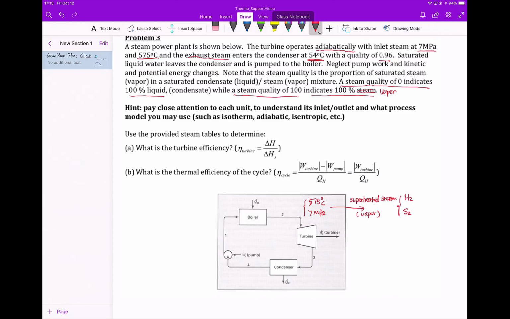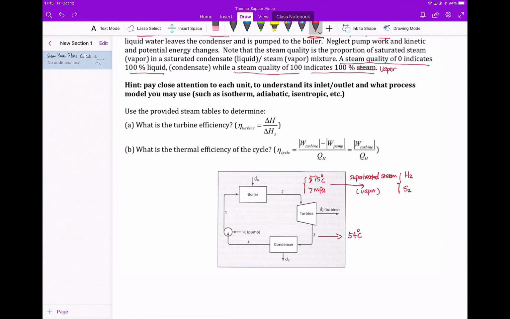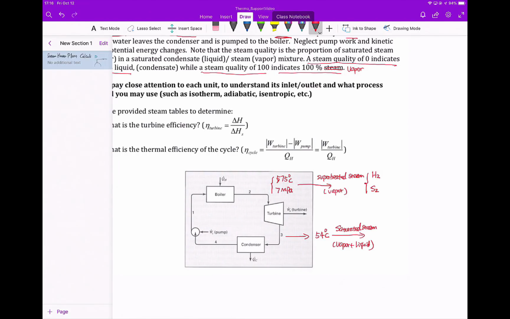So we understand that at this stream, or at this condition 3, I'm going to have 54 degrees C. This is saturated steam, meaning vapor plus liquid. Okay, so by using the saturated steam table, I shall be able to figure out what the pressure is.